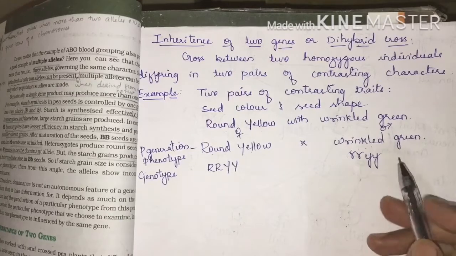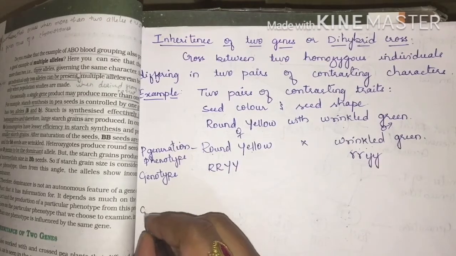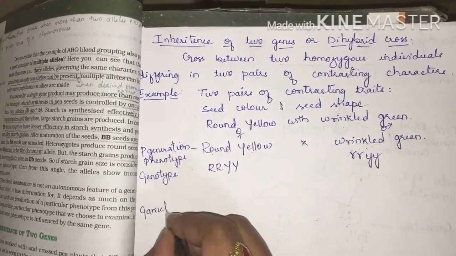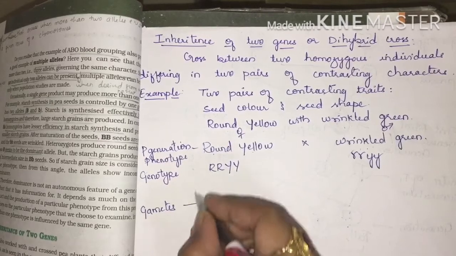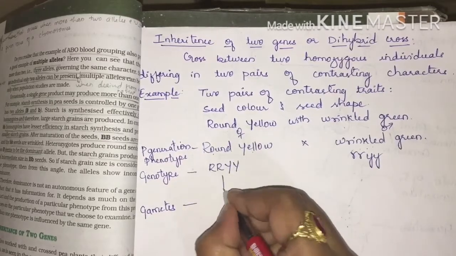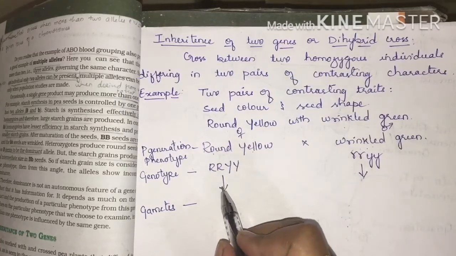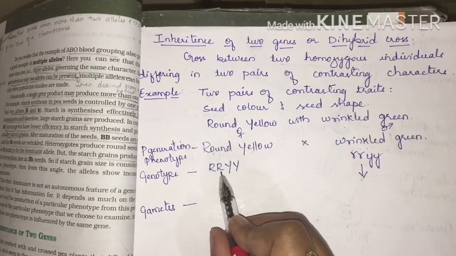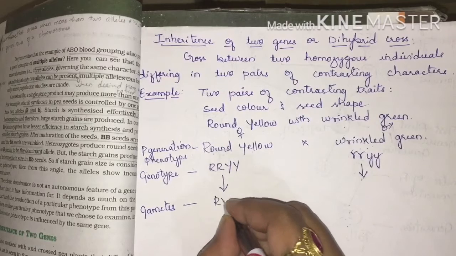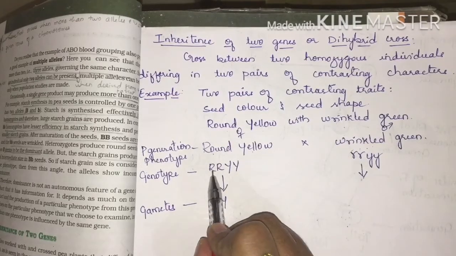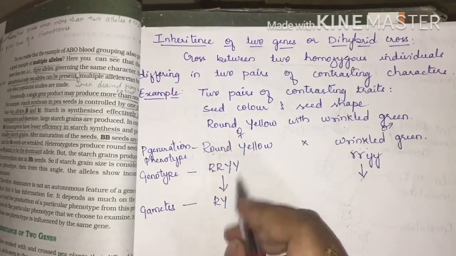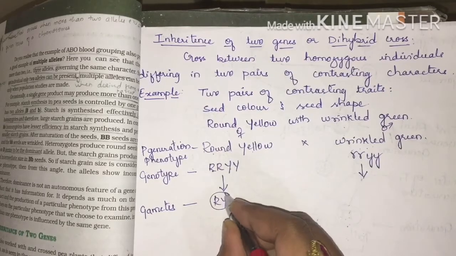Next, what we have to give is gametes, which come after the parent generation. Gametes will be produced after meiosis, so gametes will always be haploid. So we have capital R and capital Y: one round and one yellow gene in this gamete.